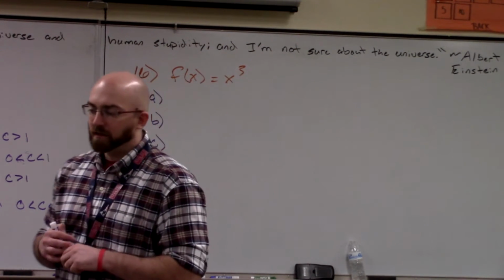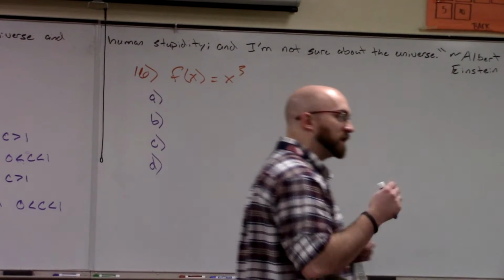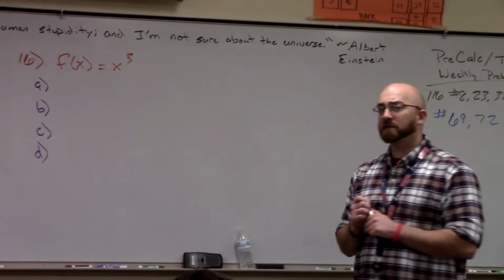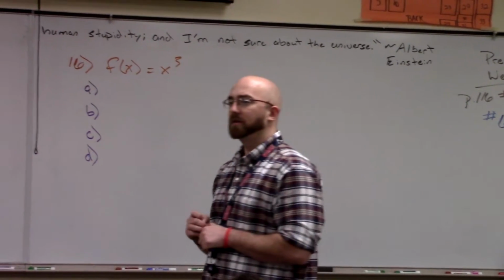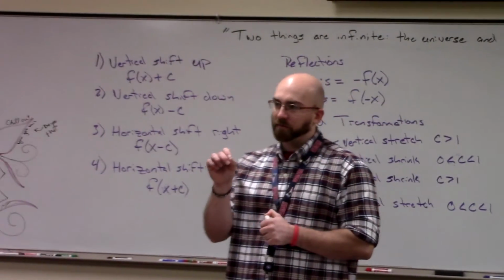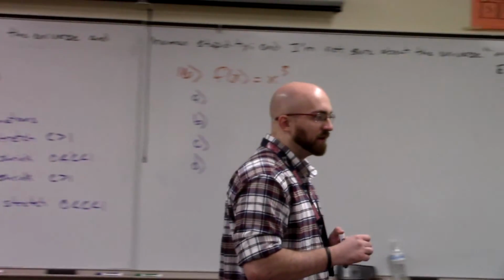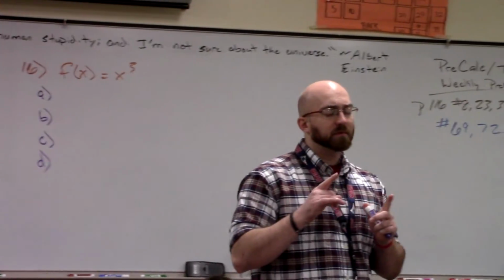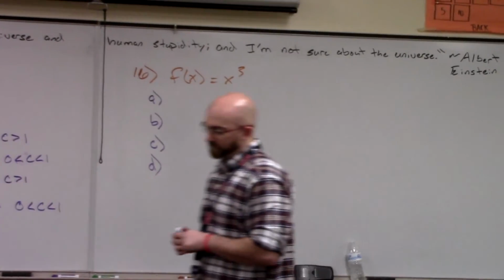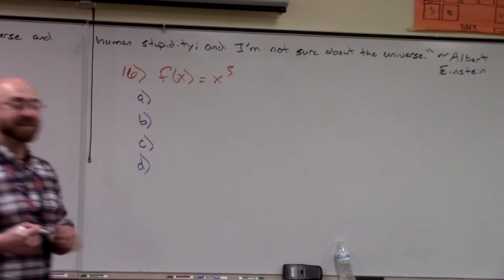So if I'm looking, it's x cubed, right? When I look at transformations, what I look at is a focal point, like a point that goes through 0, 0. It's a very easy point to follow. So based off that, if 0, 0 is the point I'm looking at, and I go back to part A on number 16, is my function moving up or down? Down. Down. One person saying down. It's moving up.